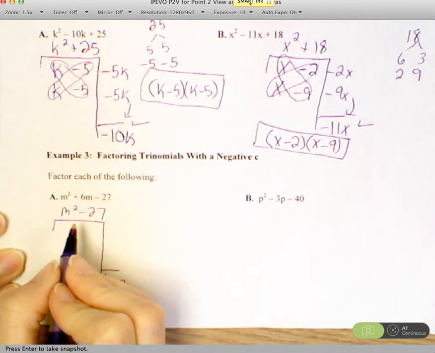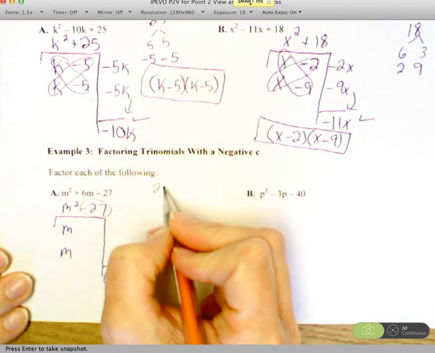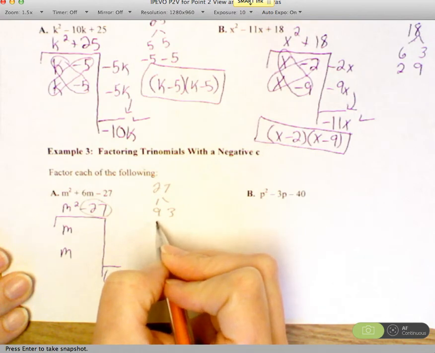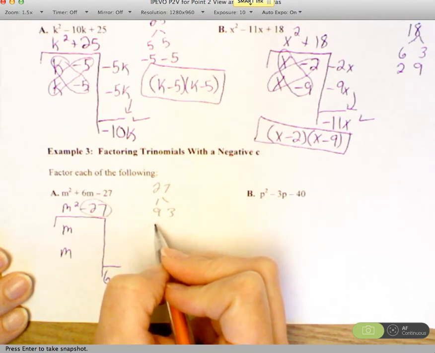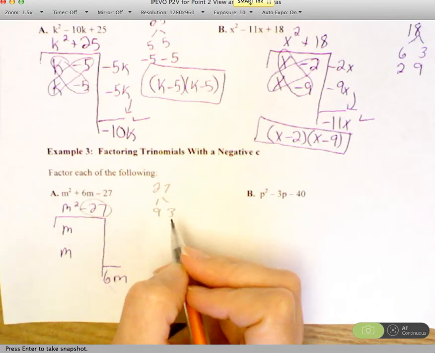So we're going to break down m squared. That'll give you m and m. If you think about 27, that breaks down into 9 and 3.